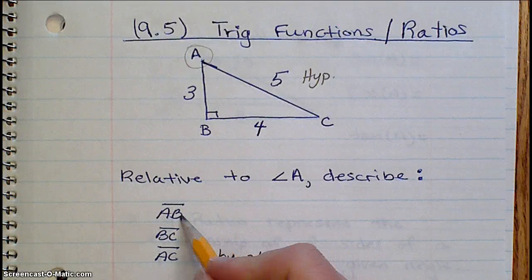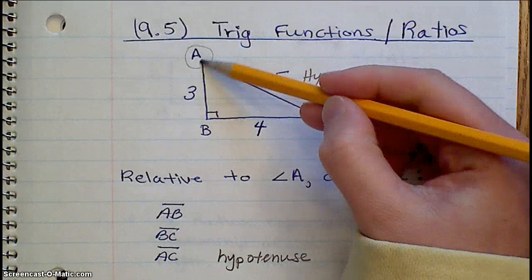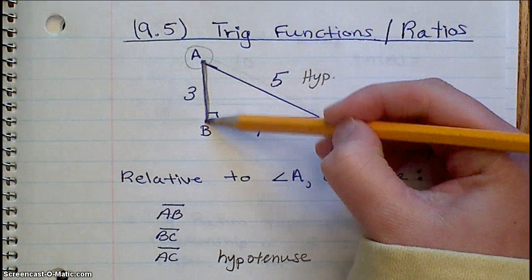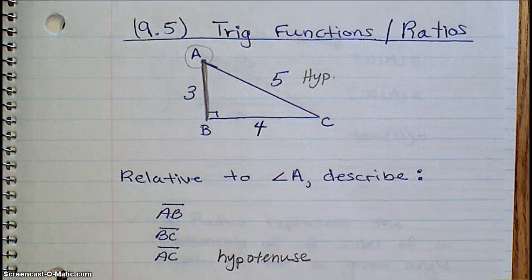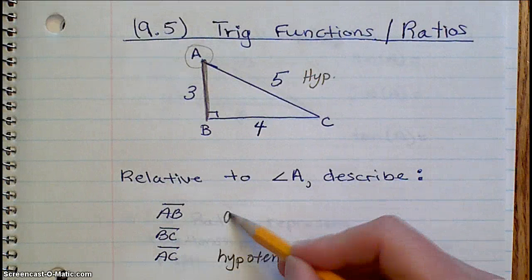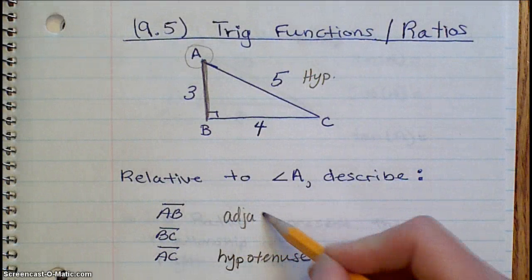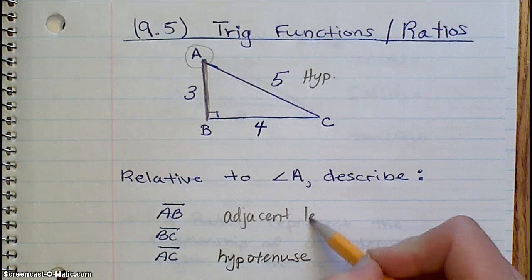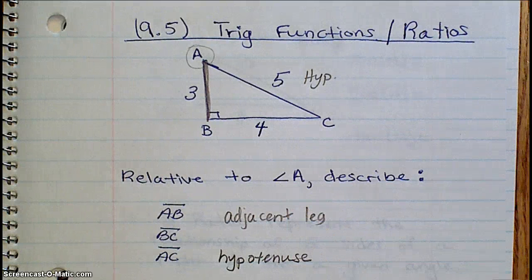Now segment AB is the leg that is right next to angle A, and we use the word adjacent to describe something that's right next to another geometric object.